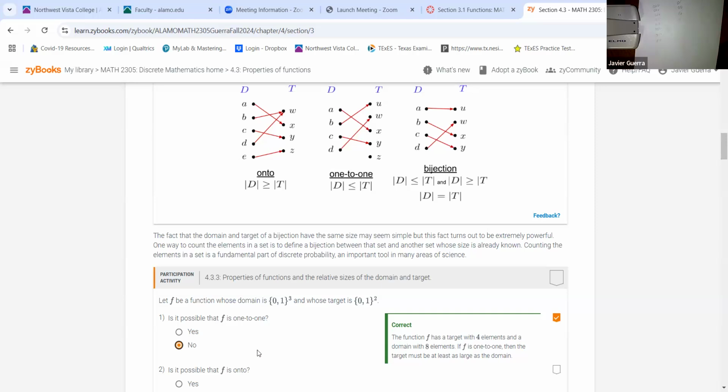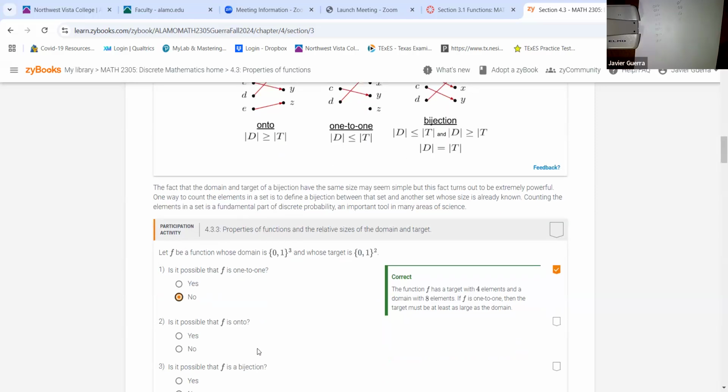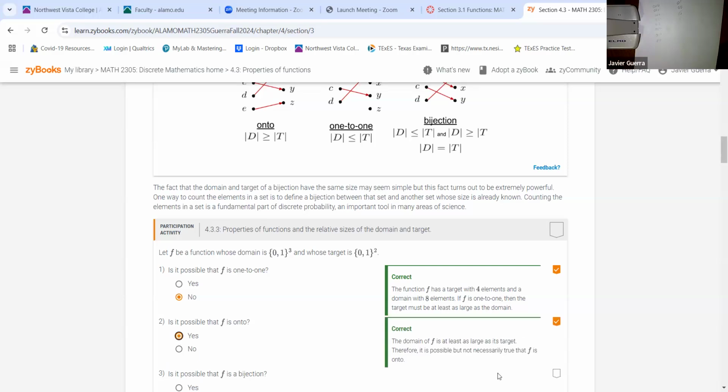So it is a no. Is it possible that F is onto? Yes, because the number of elements in T is smaller than the number of elements in D. There are 8 and 4. So 8 is greater than or equal to 4.